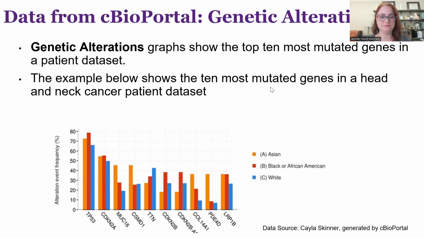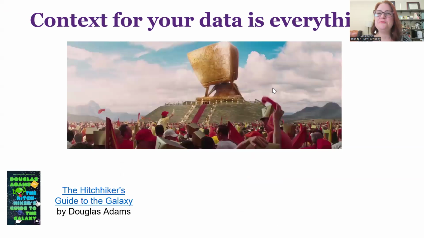All right, a little bit of a deviation now. You're going to go to cBioPortal, and cBioPortal does a lot of the heavy lifting for you because it does your stats. It makes beautiful graphs for you. But a big part of any type of genomics or bioinformatics research is giving the context for your data.